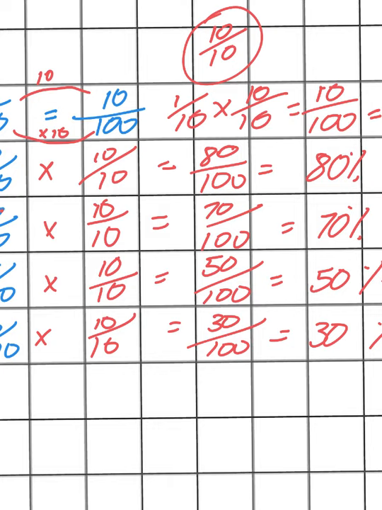And I think understanding that you're multiplying by 10 over 10 will make it quite easy. So if you had 2 tenths, that is equal to 20%. We'll soon get the hang of that.